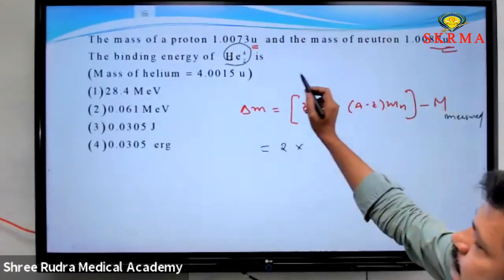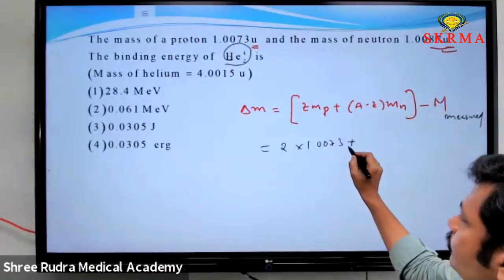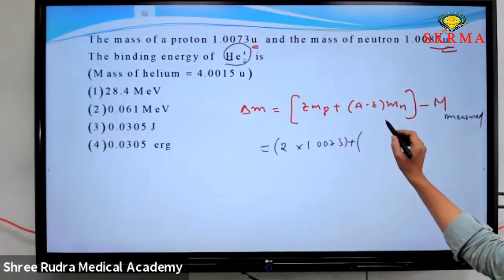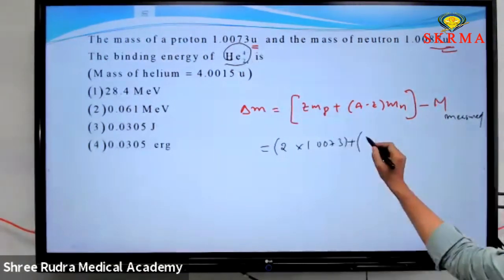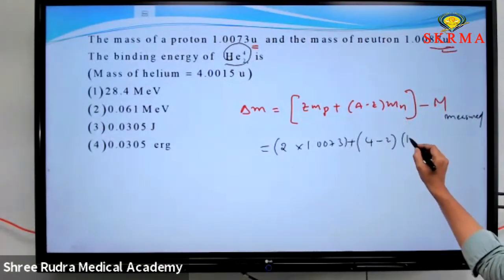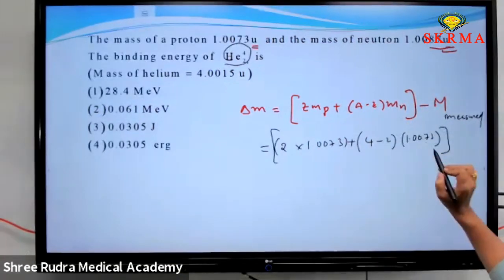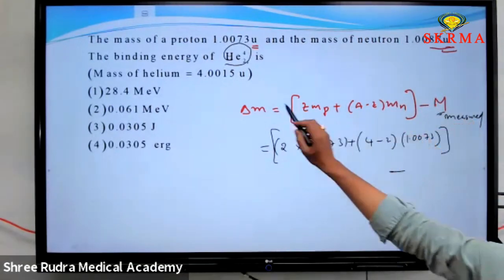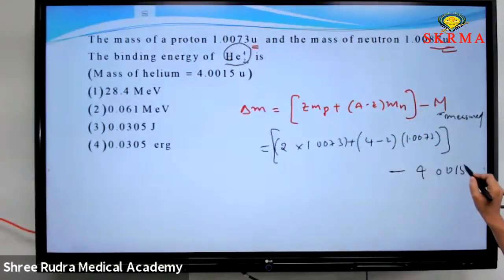The mass of a proton is given as 1.0073, plus A minus Z, which is 4 minus 2, where A is 4 and Z is 2, into the mass of a neutron, 1.0087, minus the given mass of helium, 4.0015.